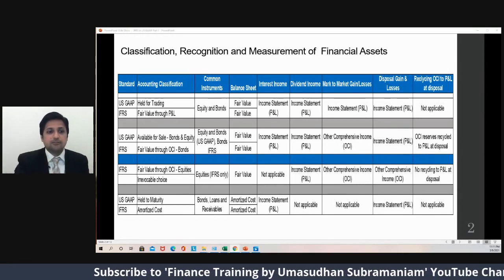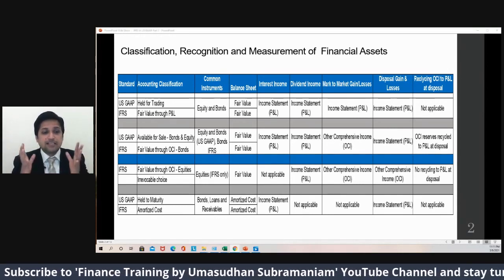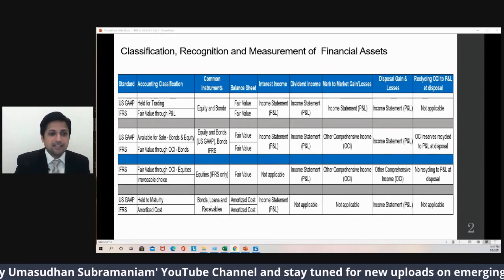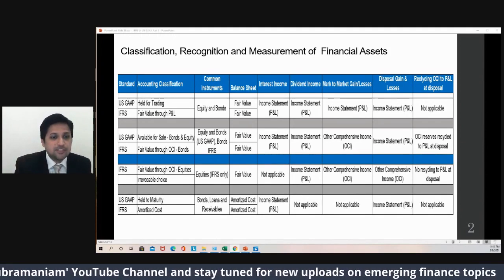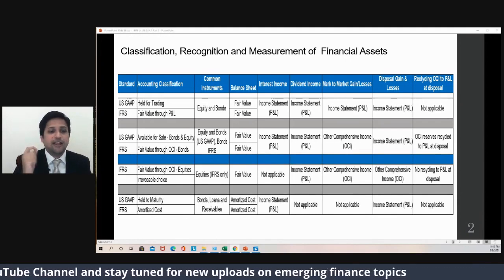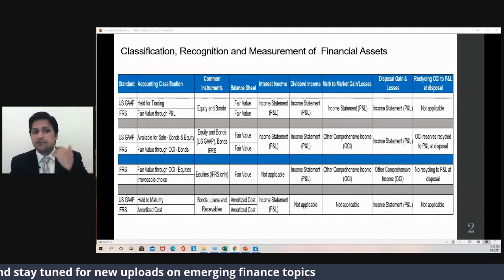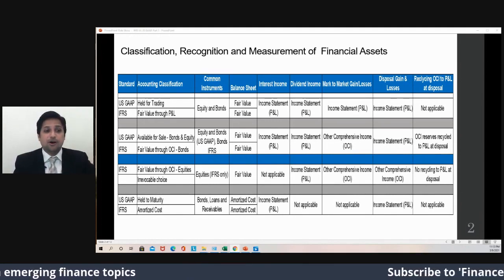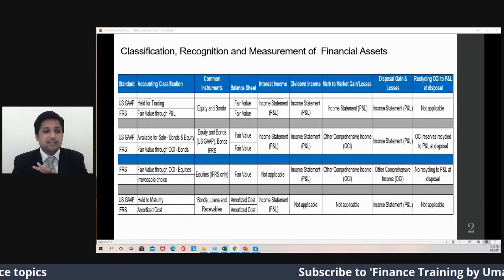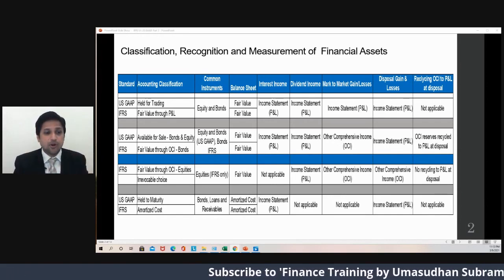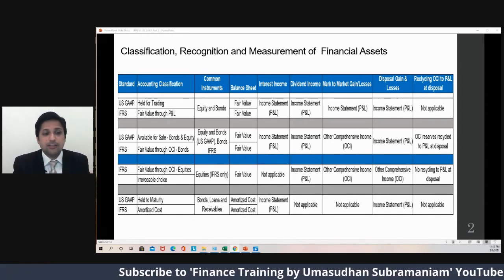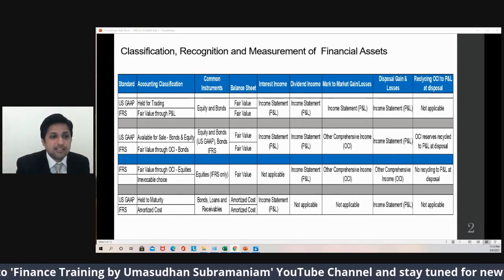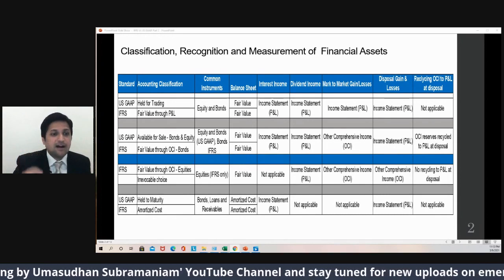Now we are moving into the third category, which is exclusively in IFRS. So this category is fair value through OCI only for equities. Remember, we said in the previous category, when you said fair value through OCI for bonds in IFRS, we said this methodology is strictly prohibited for equity investments, and that's why there is a special category in IFRS for OCI equity.